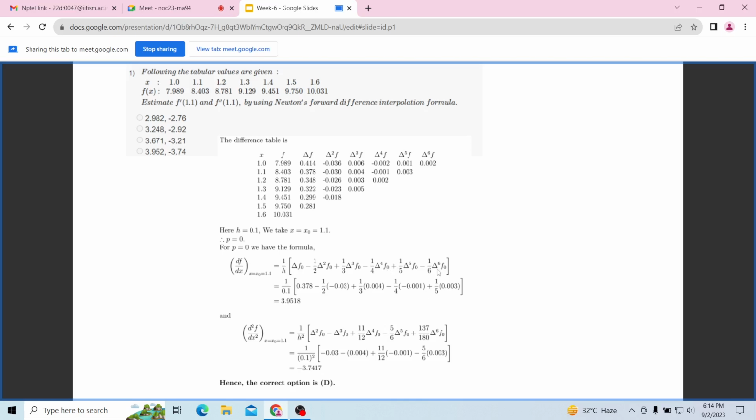Similarly, substitute del 4 and del 5 and del 6. Here del 6 is 0. After solving this, you will get f dash at 1.1 as 3.9518. Just check, are you getting it?